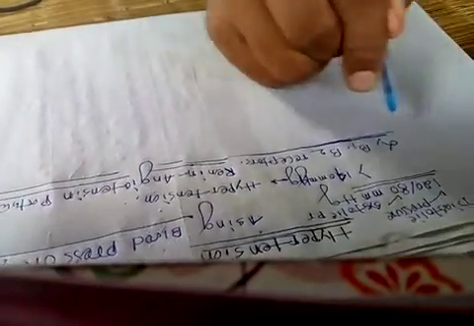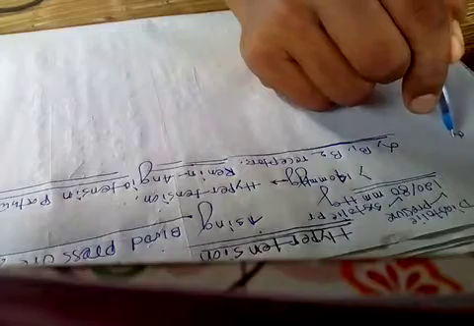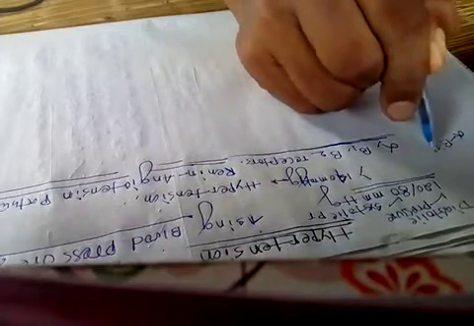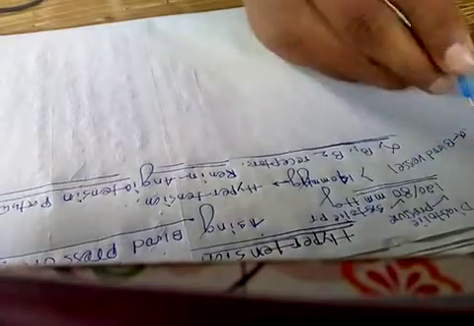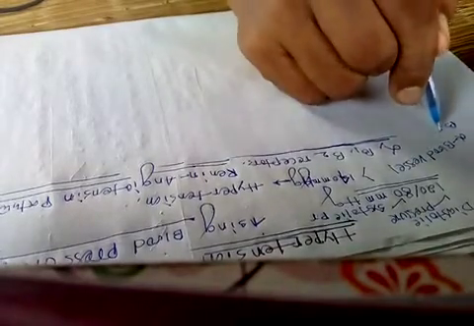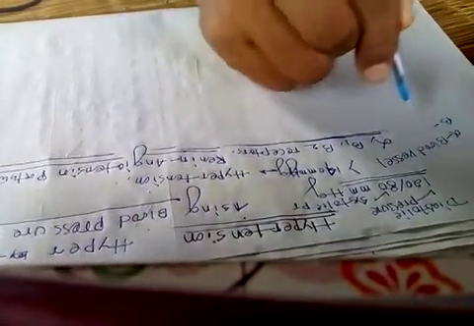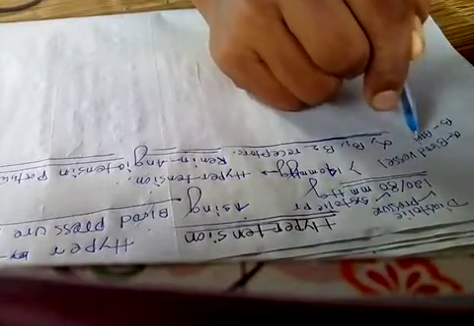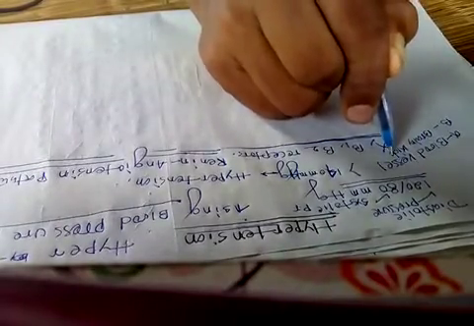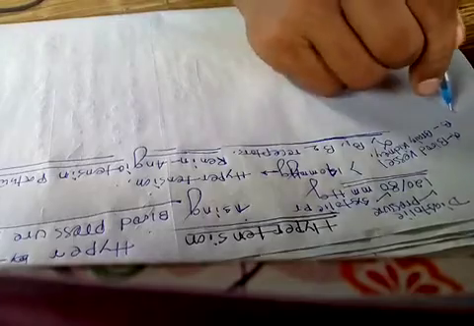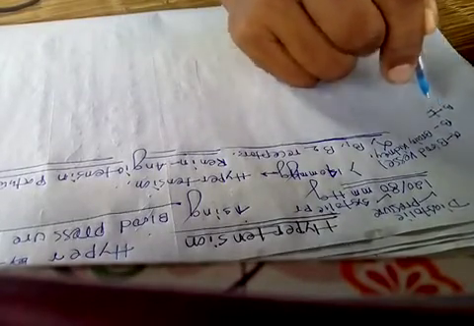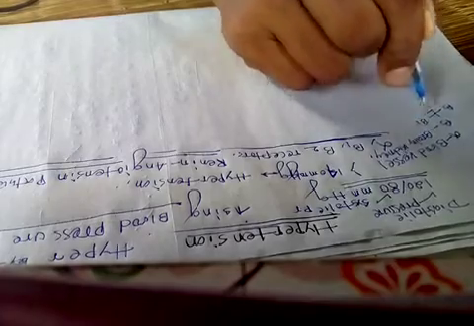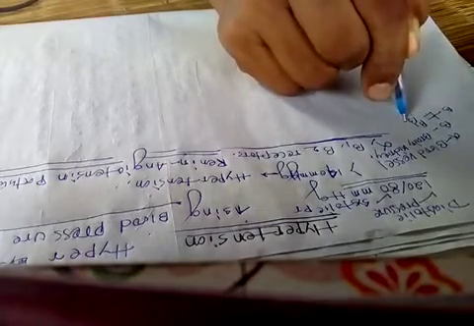Alpha receptor is usually present in blood vessels, and beta receptor is usually present in brain and kidney. Beta receptors have two types: beta 1 and beta 2.